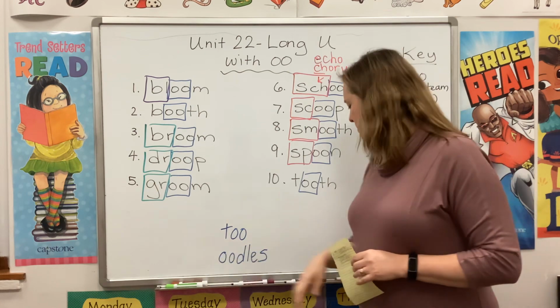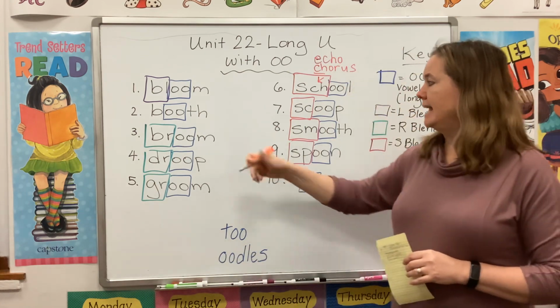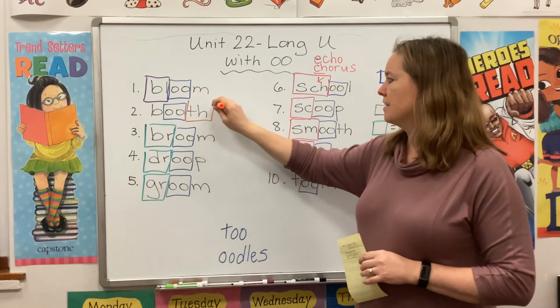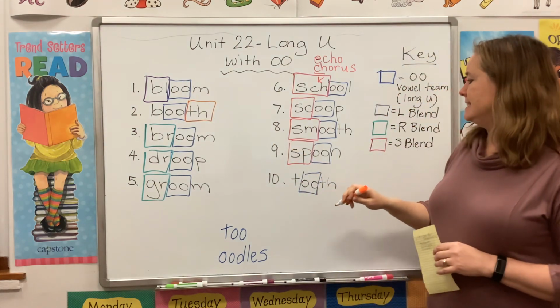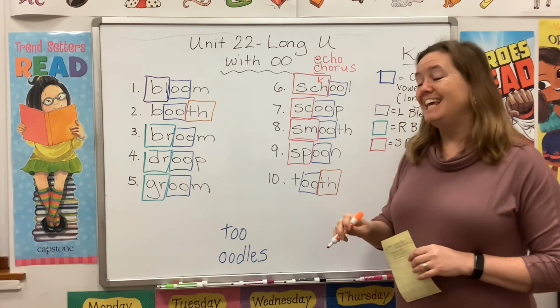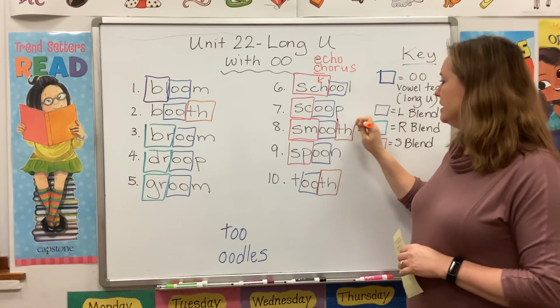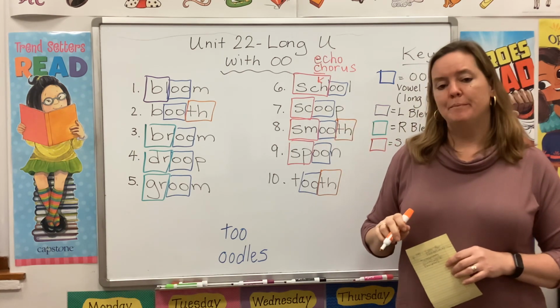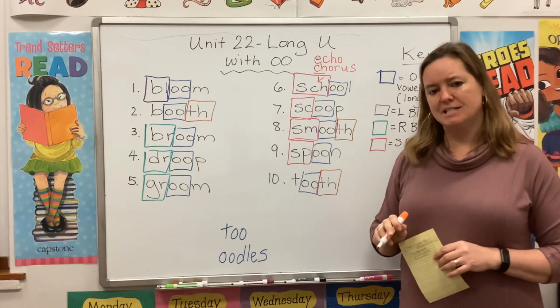So I'm going to put a box around the TH in booth, the TH in tooth, and the TH in smooth. Now, did you notice something interesting there?